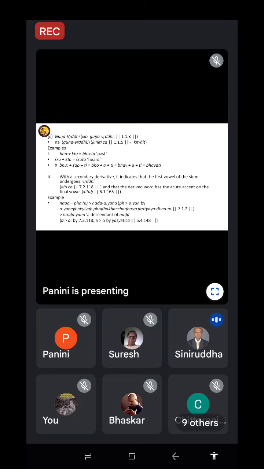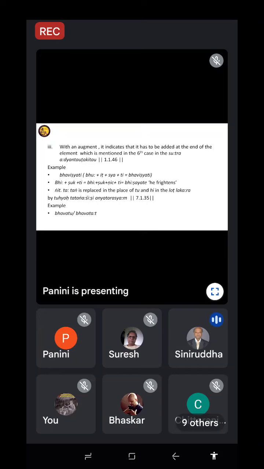Next, look at this: there is an augment, an agama. What does it indicate? Now when you are adding this suffix to dhatus, how should we use them, where should we place them?